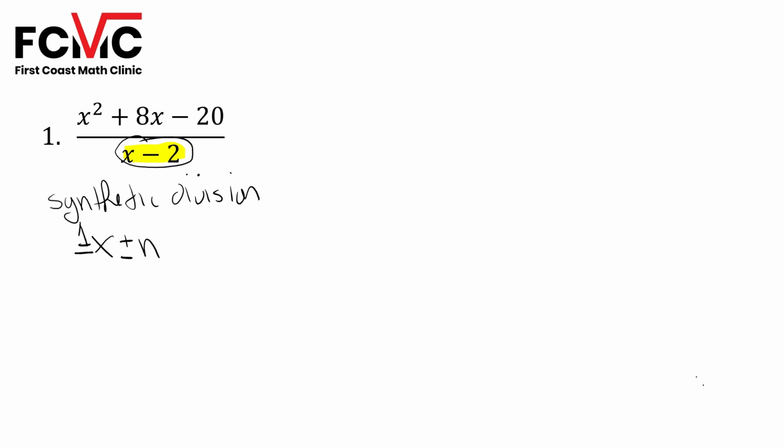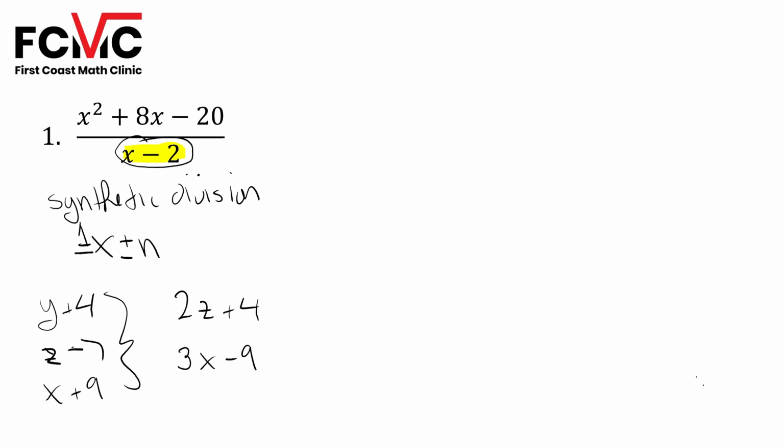If our divisor was like y plus 4, or z minus 7, or x plus 9, we could use synthetic division with all of these divisors. But if we had like 2z plus 4, or 3x minus 9, we couldn't, specifically because that coefficient of our variable is not 1.